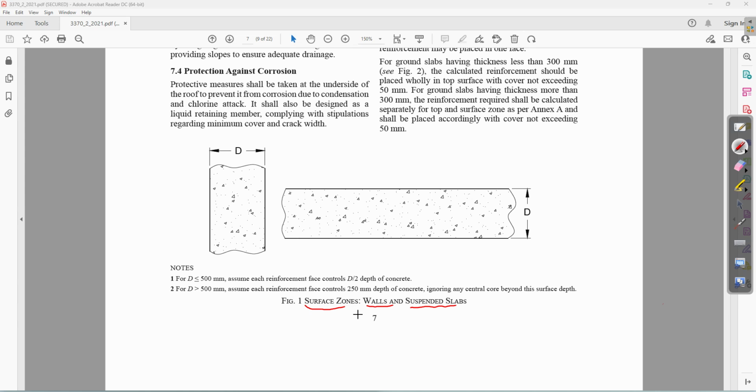Okay, so here surface zone for walls and suspended slabs. Suspended slabs means those slabs which are not resting on ground. Okay, so this is applicable for walls and suspended slabs.